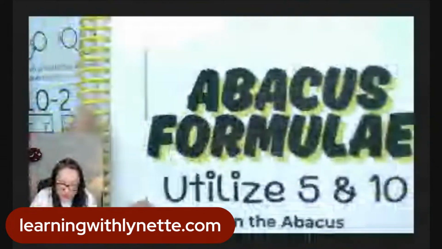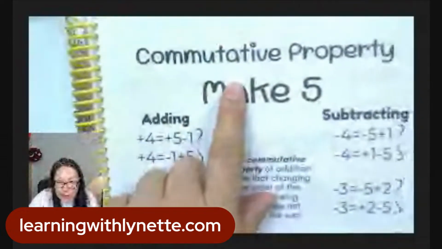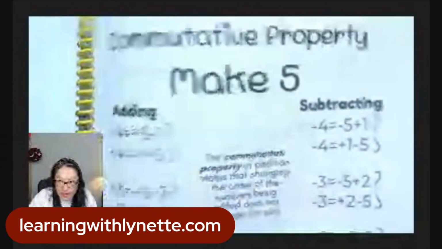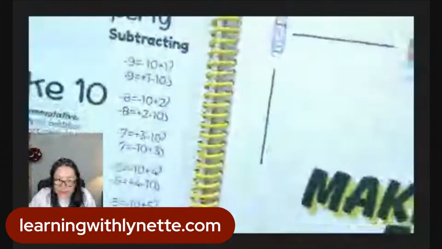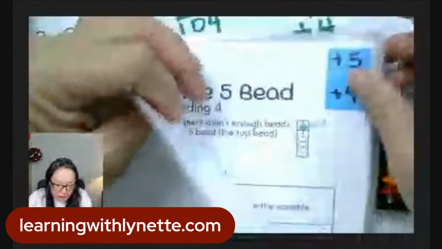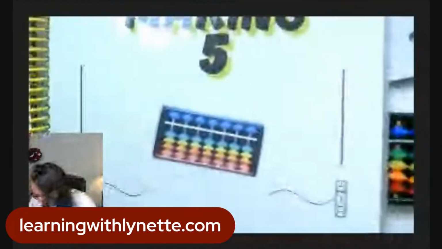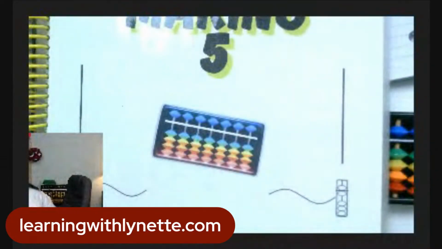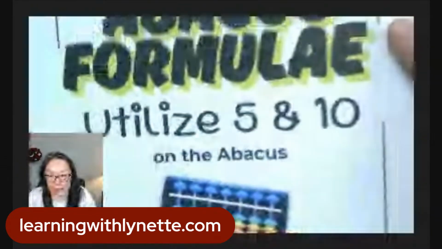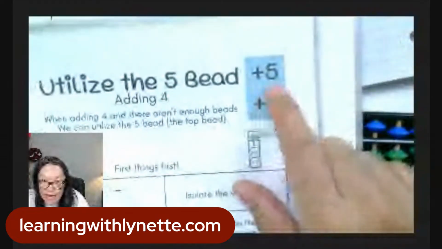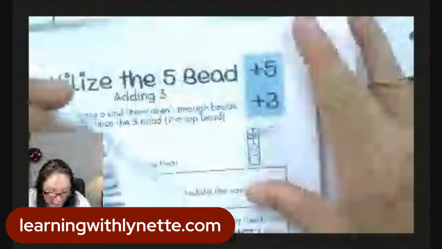So this one, I have the commutative property. I have the making of the 5 and making of the 10, and I have little labels. This is my beta copy. This is what it would look like. I have a label for every one. This is how to add the 5 with the 4. And then I did it again for plus the 10.